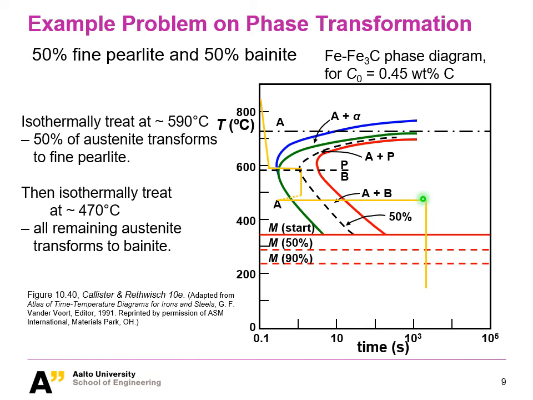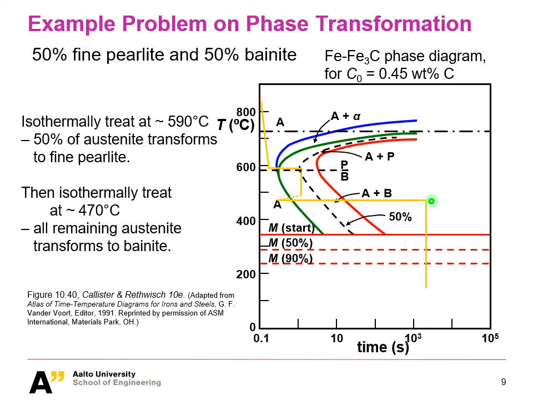But now you have to keep in mind, this bainite is only transformed from this 50% of austenite. Although the transformation is 100%, initially you only have 50% of austenite, because the other 50% is the fine perlite.